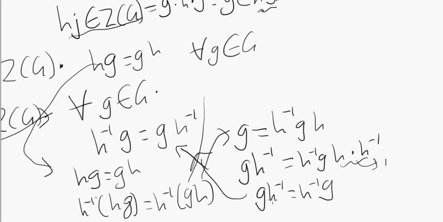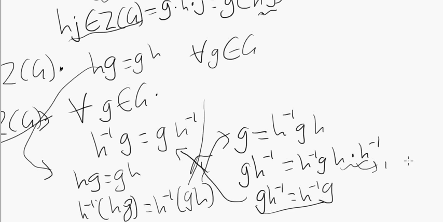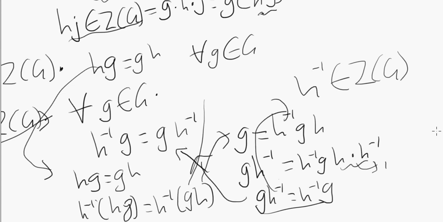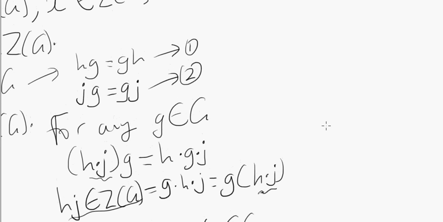So H inverse then commutes with g. This statement is saying that H inverse commutes with every element of the group, right? So thus H inverse is an element of Z of G, right? And so we've proved it.